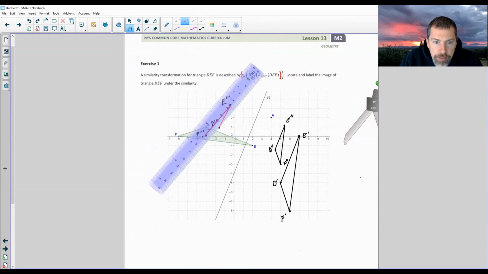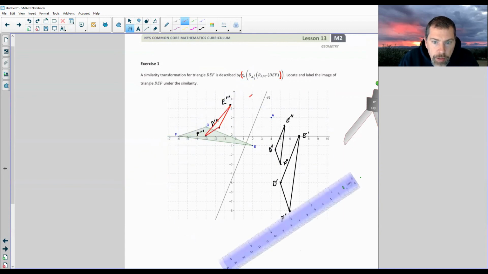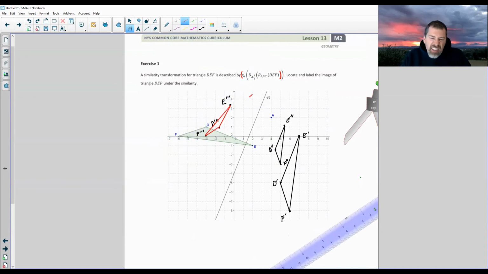And then finally, can't get the right angle this time. Even more. All right, there we go. Okay, it's a little wacky, but there you have it.